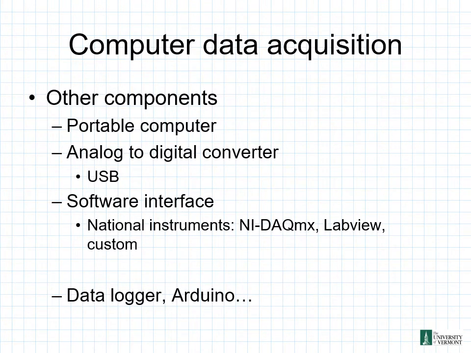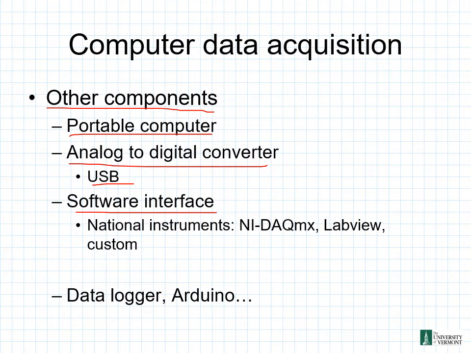So with this lab, we're going to need to record some data from our strain gauges and our strain gauge amplifier, and we'll do this with some data acquisition equipment. Some of the pieces of equipment that we're going to need are your laptop, portable computer, analog to digital converter, USB cable, and software interface, which should be loaded on the portable computer, with National Instruments running our DAQ.